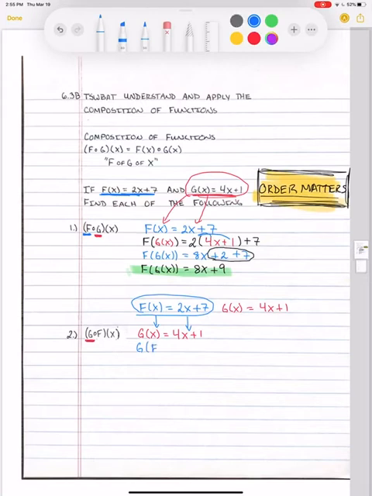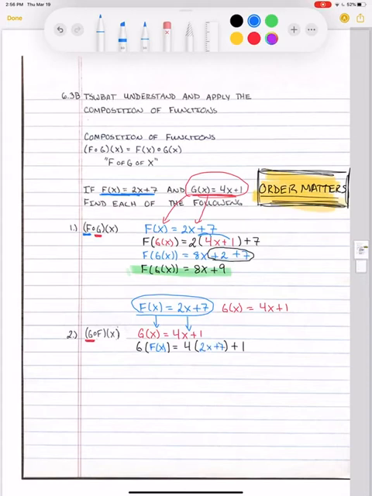Let me erase this really quick. Worry about my parentheses first. Okay, so I'm going to plug in f of x. I'm going to plug in the actual name here, and then I'm going to plug in what it is, 2x plus 7, right there.